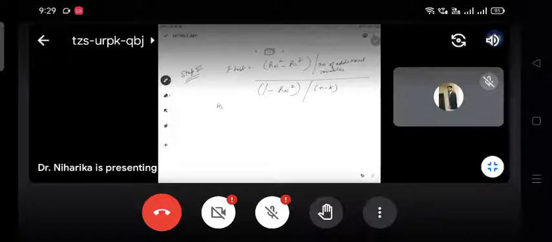So H naught is R n square equals to R o square and alternate is R n square is not equal to R o square. So here we say there is no specification error. Here specification error is there.